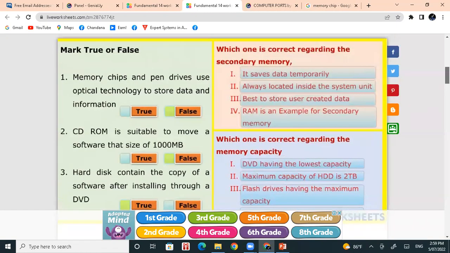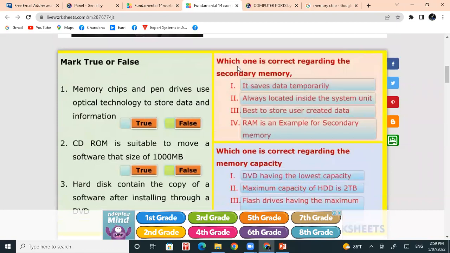Right. Then another two questions are available on the other side. Try this one. Which one is correct regarding the secondary memory? It saves data temporarily.